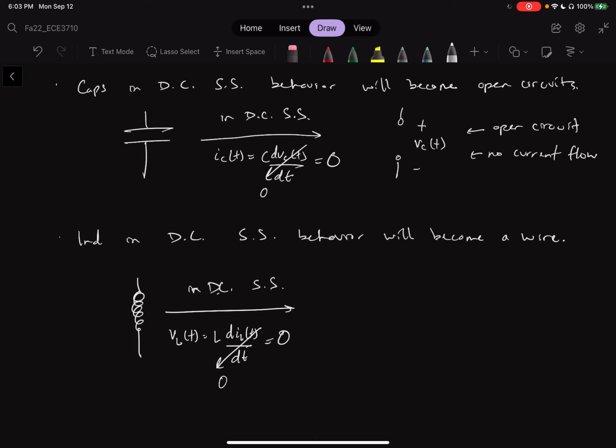So if the voltage drop across the inductor is 0, you can replace it with a wire. Wire, no voltage drop. All right?